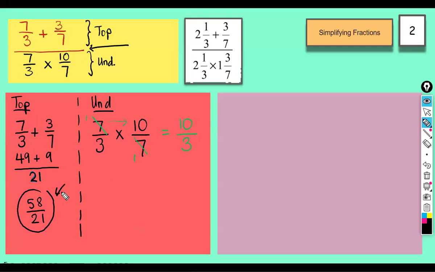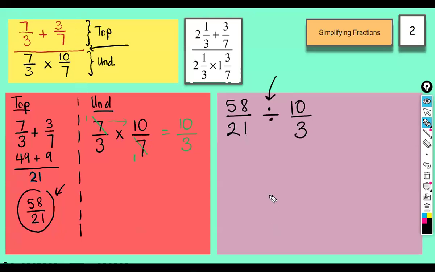The top part worked out to be 58 on 21. Then we're supposed to write divide, but instead of putting a divide sign like this, couldn't I just write it like this, like in primary school? Divided by the underneath, which is 10 on 3. I think it would be more useful if we wrote it like this, horizontal rather than vertical.